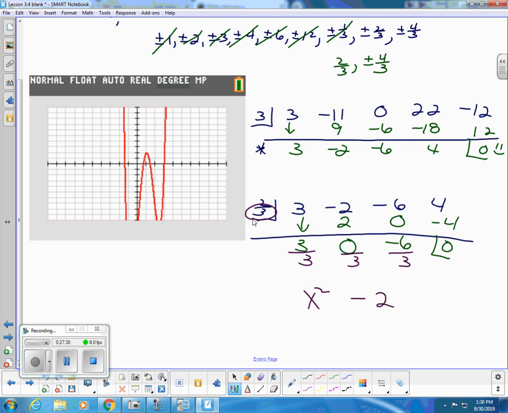So I get x squared minus 2. Okay? So if you divide with a fraction in the box, you have to divide by that denominator.